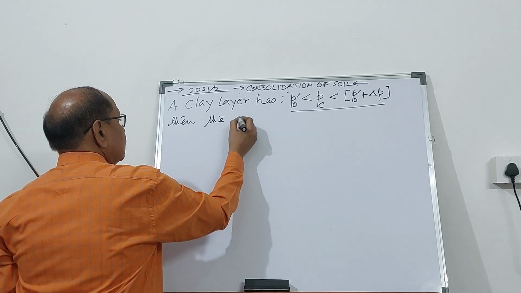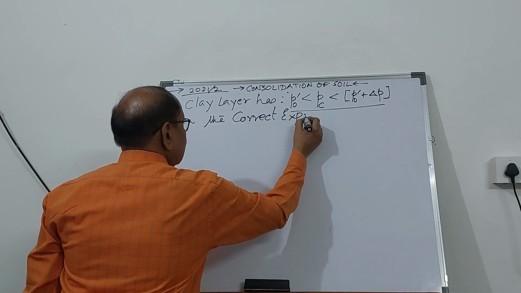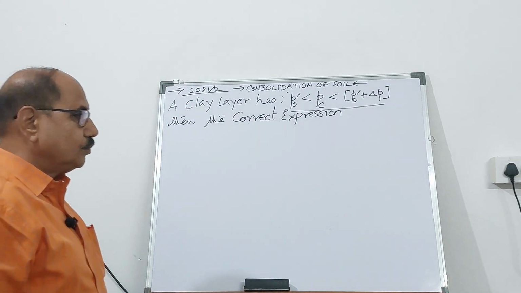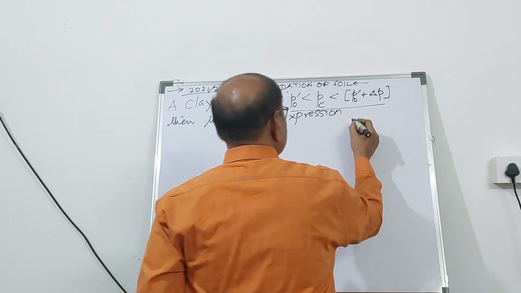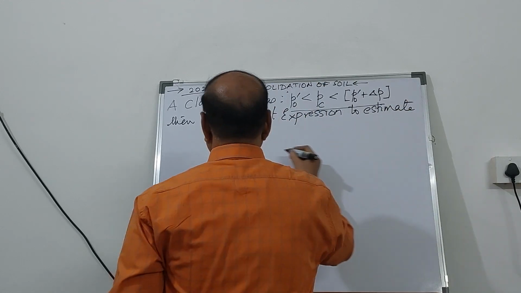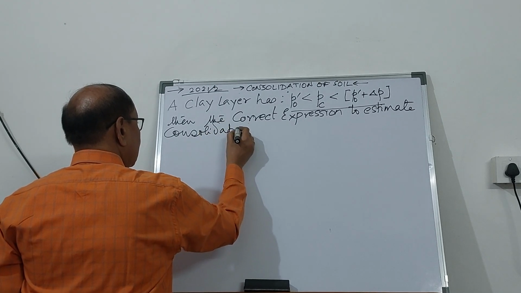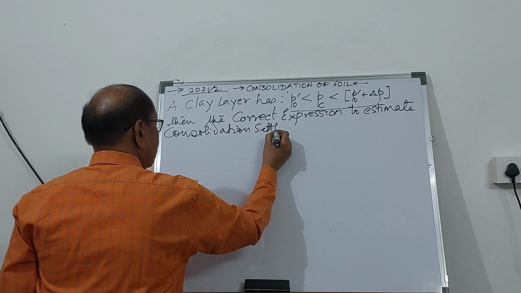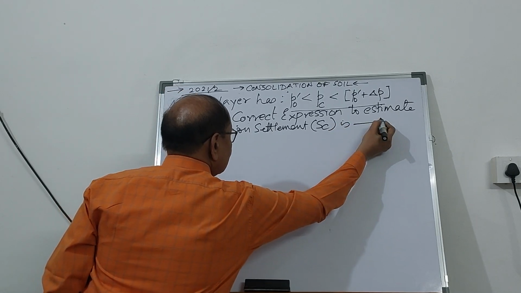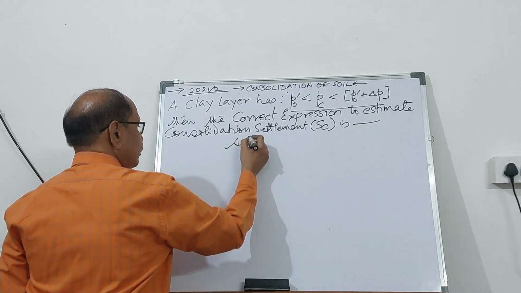Then the correct expression to estimate consolidation settlement Sc is, so let us see the solution of this problem.